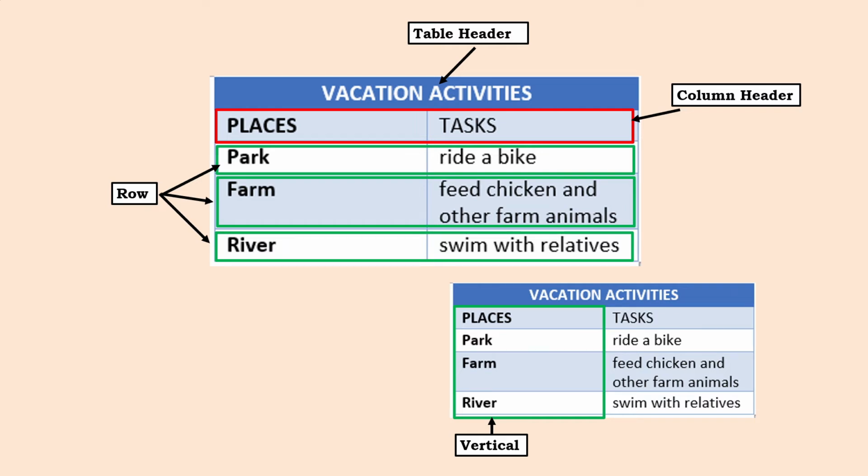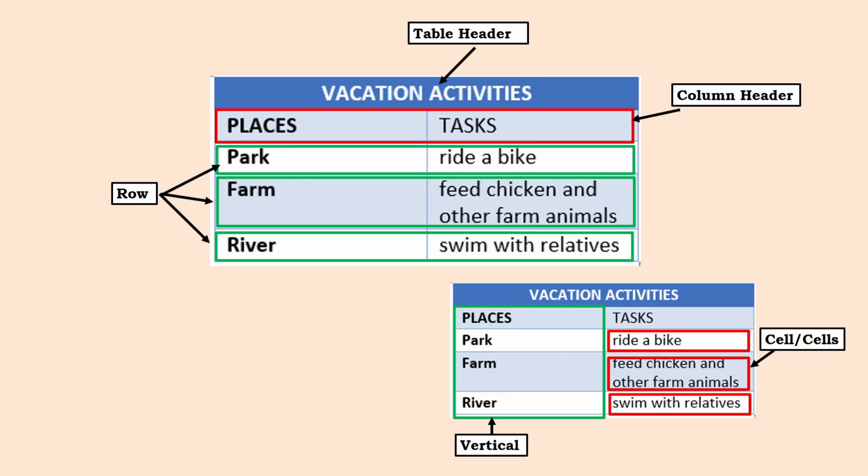Then on the other side, you have task: ride a bike, feed chicken and other farm animals, swim with relatives. Those are vertical. Then cell or cells, the intersection between rows and columns.